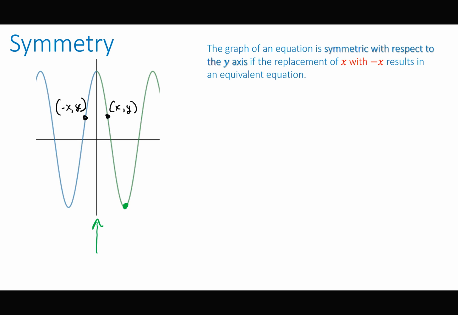My y stayed the same, but the x is the opposite sign. So if your x changes sign, your function is symmetrical about the y-axis. We're going to do some practice with this too to show you why this works.